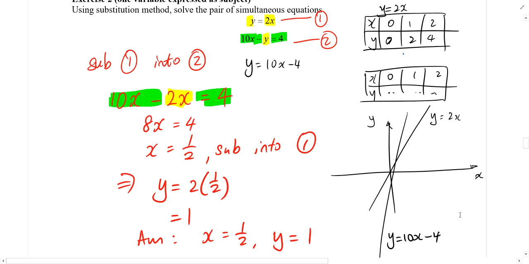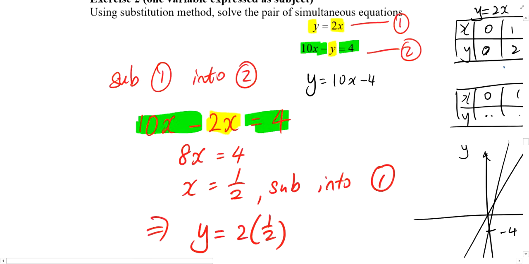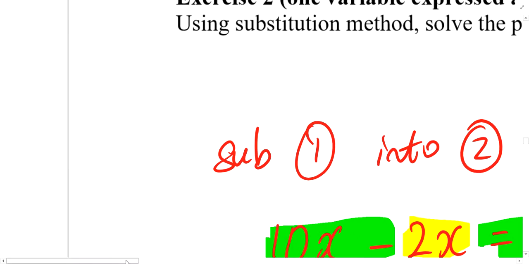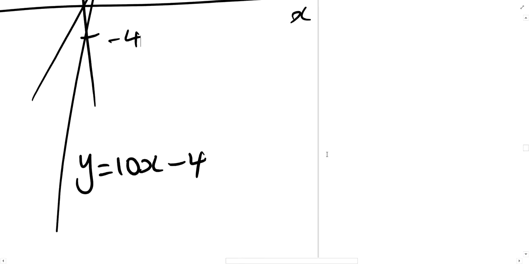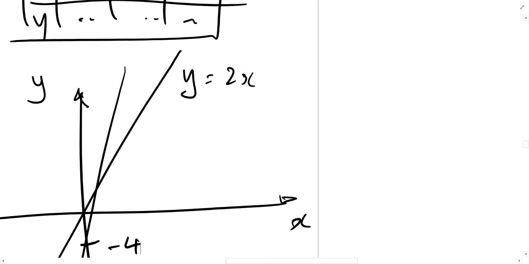Okay, so this is what we would have done if we don't have the substitution method. I'll be plotting two graphs. Then I will be searching for the point of intersection, which is found here. Then I go down and see, oh, what's the x value? And what's the y value?